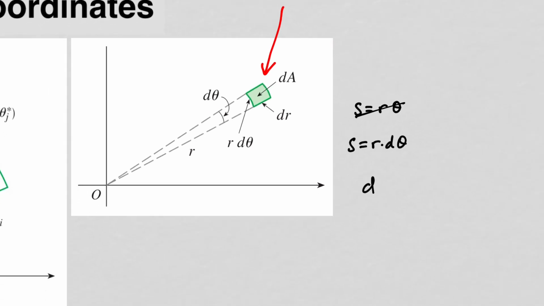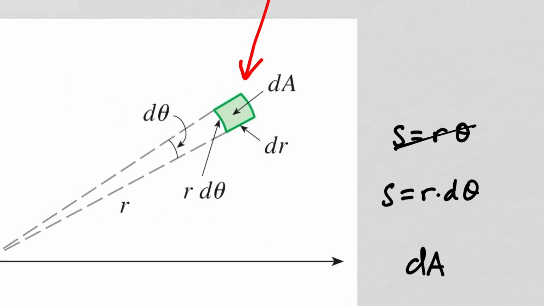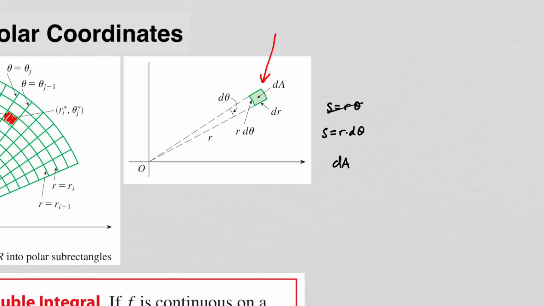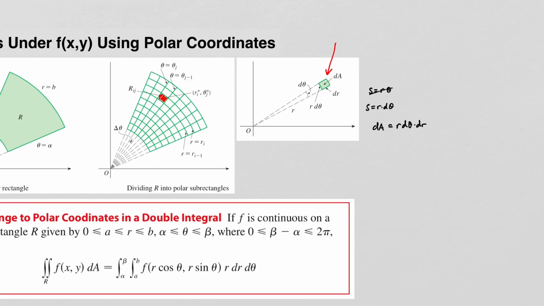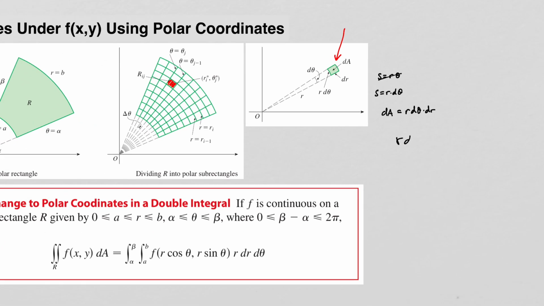And so dA, the area of this little slightly rectangular region there, is going to be the length times the width. And that's going to be r d theta multiplied by dr. Or we can write that as r dr d theta.